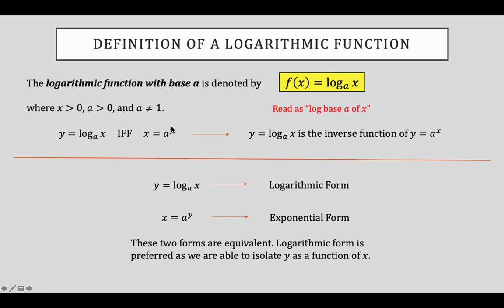Again, two different forms of the exact same thing. Logarithmic form is preferred as we are able to isolate y as a function of x. Again, just like when we were graphing in your calculator, you need to be able to write y as a function of x.